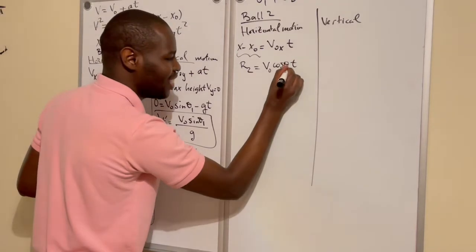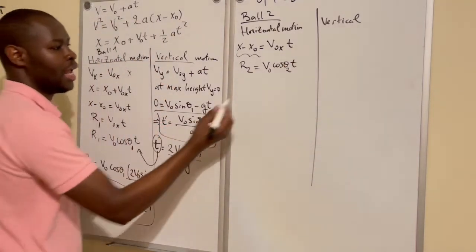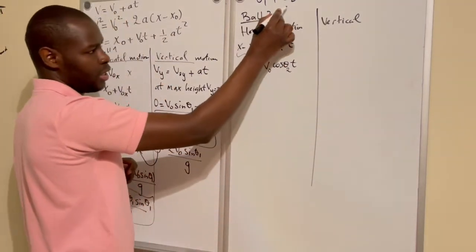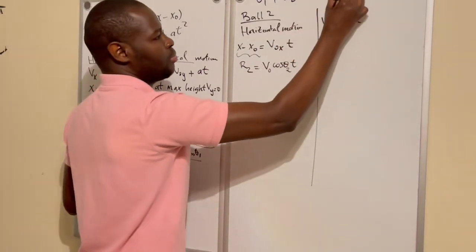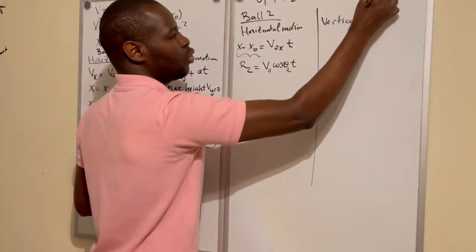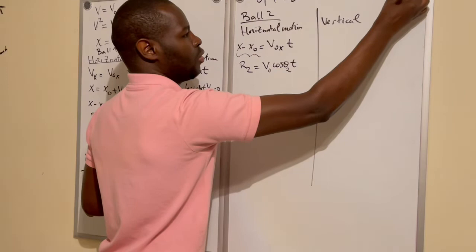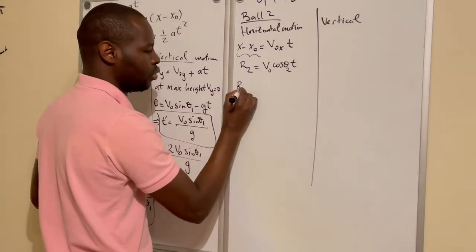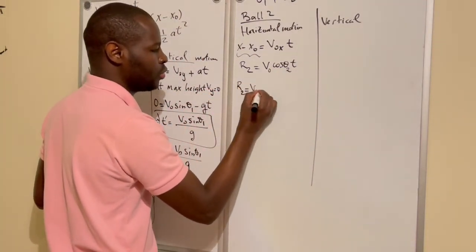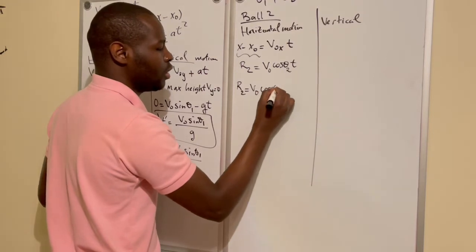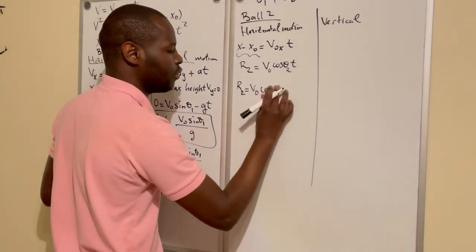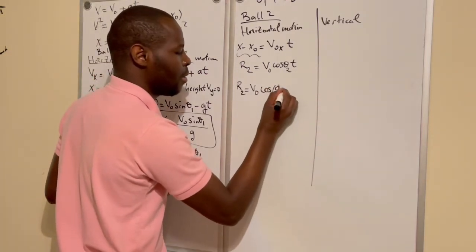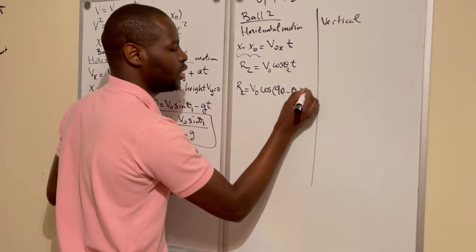So here it is theta 2 though, right? Since theta 1 plus theta 2 equals 90 degrees, theta 2 equals 90 minus theta 1. So R2 therefore equals V0 cosine of 90 minus theta 1 times t.